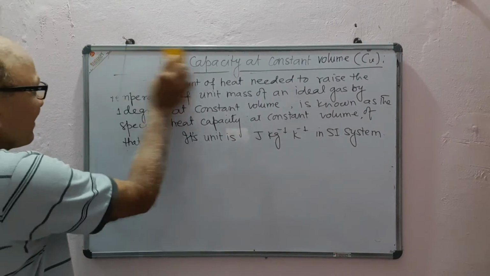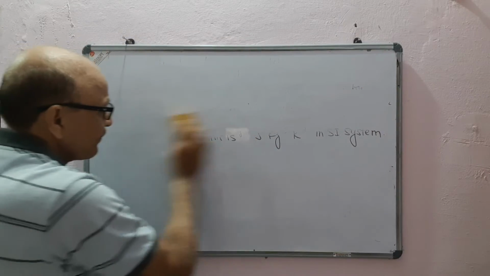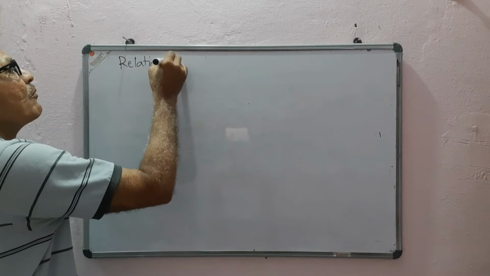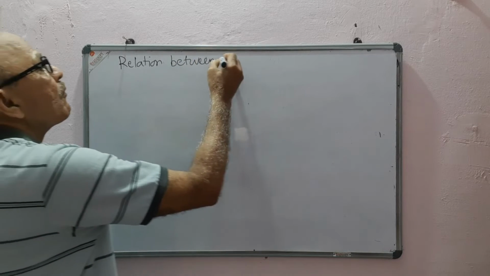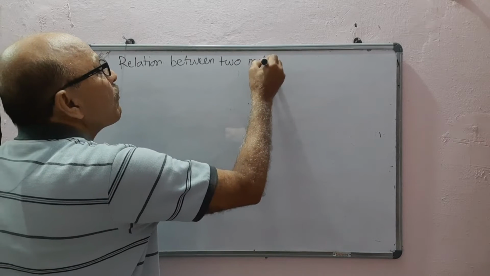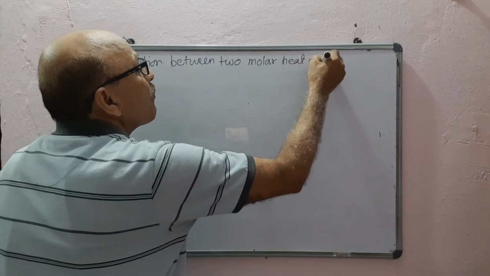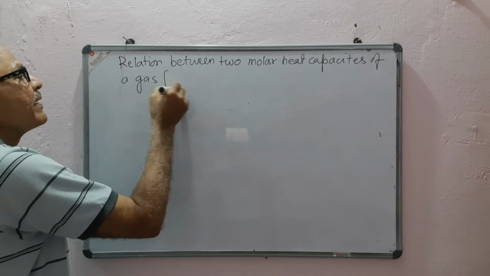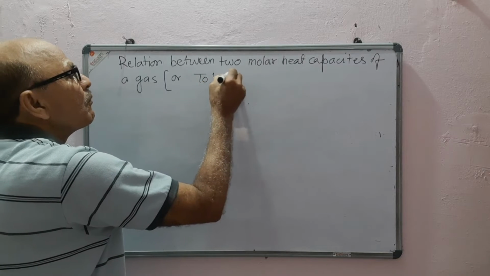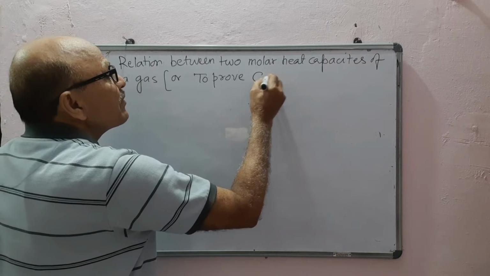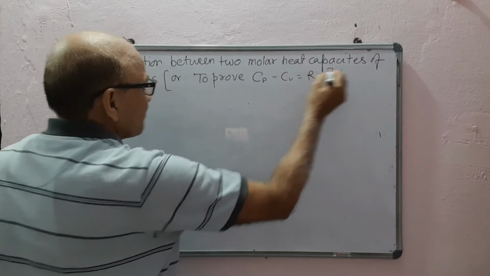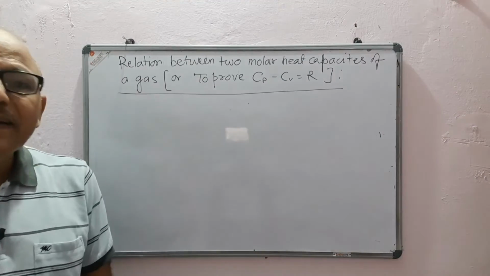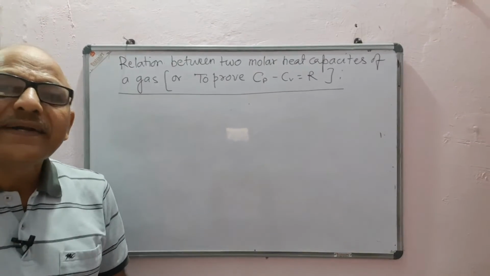Next, we find the relation between two molar heat capacities, or to prove Cp minus Cv is equal to capital R. As we know, the internal energy change only depends on temperature change and is independent of volume change.